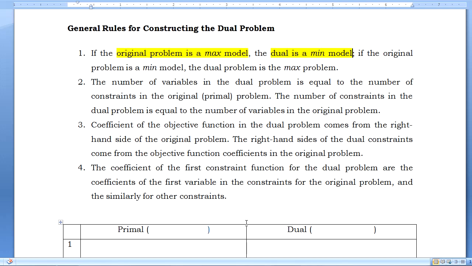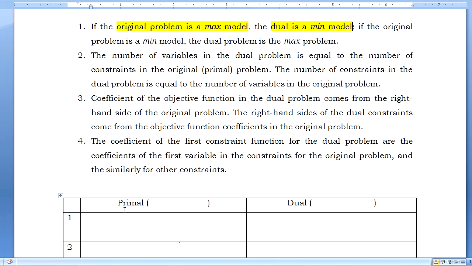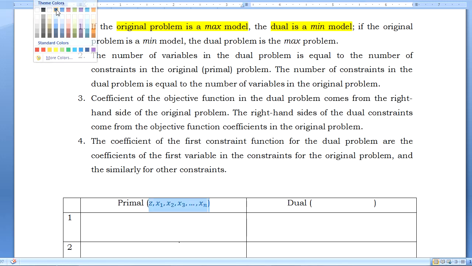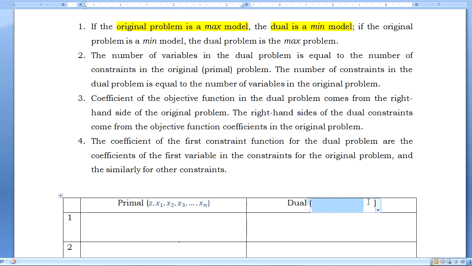As I mentioned before, variables involved in primal LP are Z, X1, X2 until Xn. And in dual, we use W, Y1, Y2 until Ym.